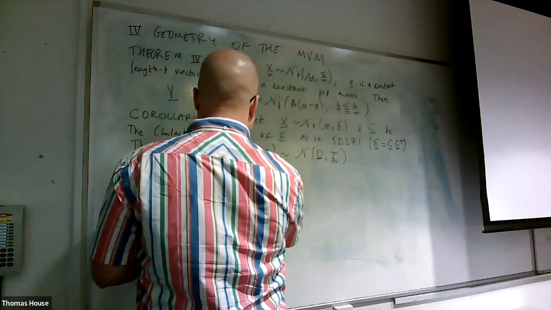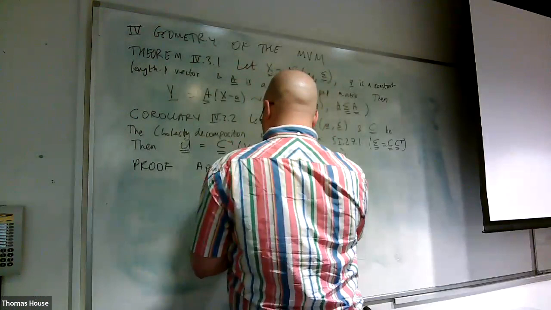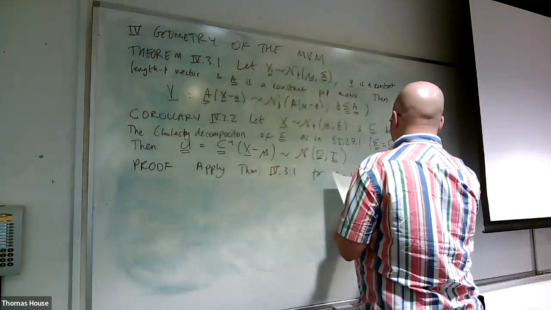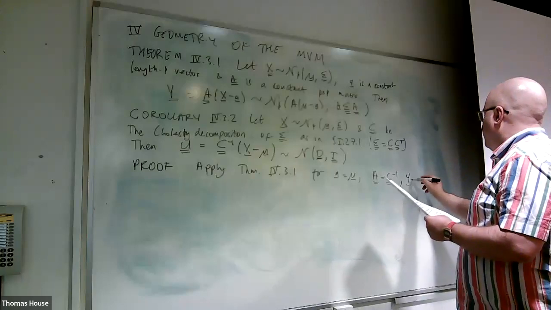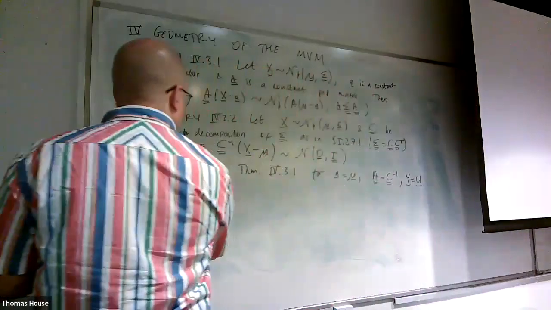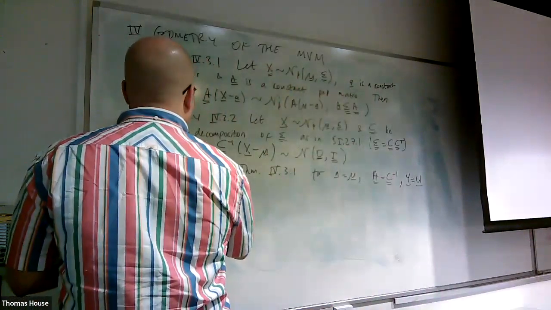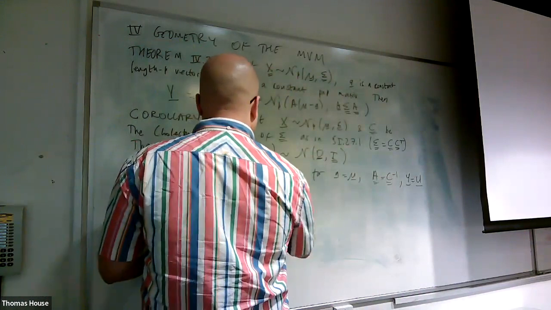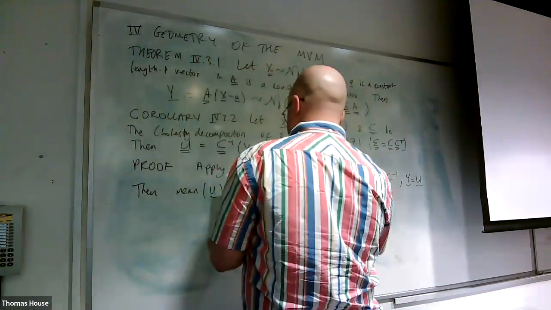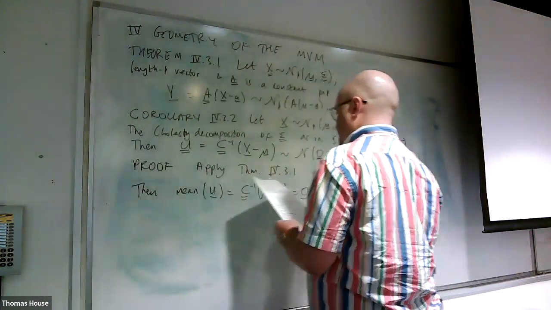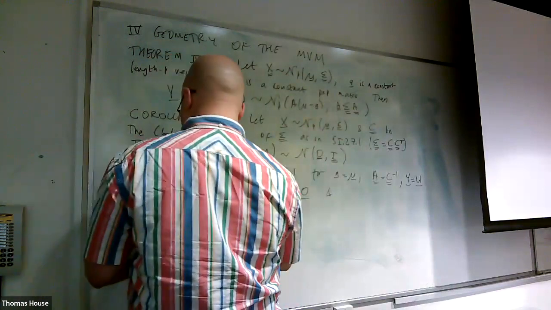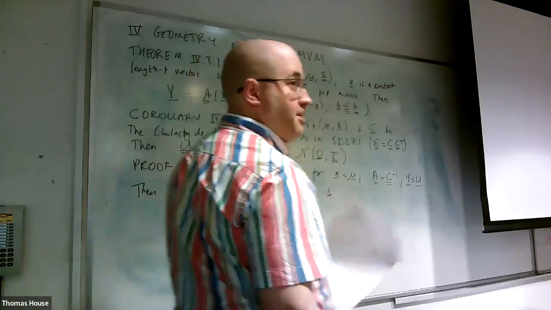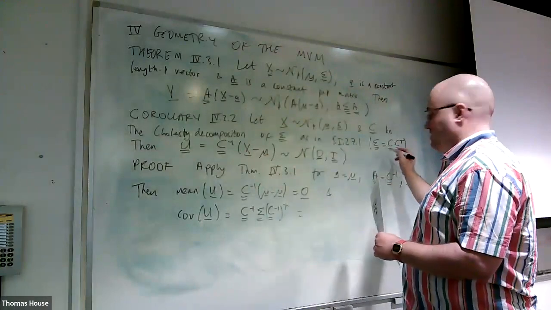So you apply 3.1 for a is minus C inverse mu, big A is C inverse, and Y is U. Then the mean of U is C inverse mu minus C inverse mu, which is naught, and the covariance of U is C inverse sigma C inverse transpose, which is from this equation here.